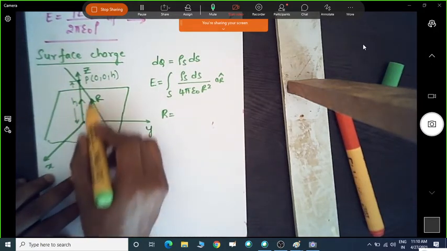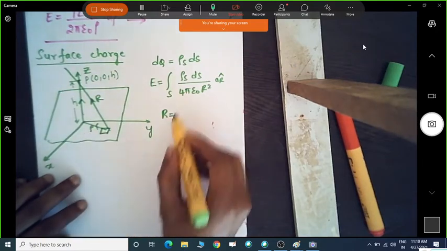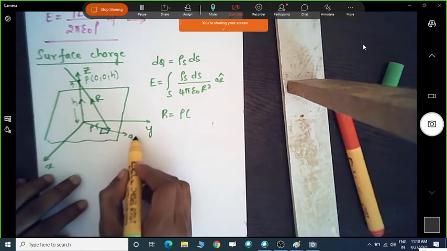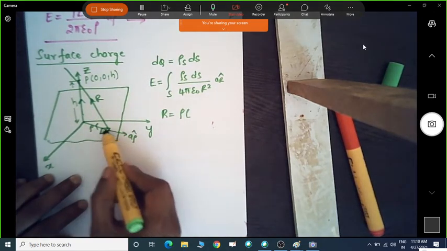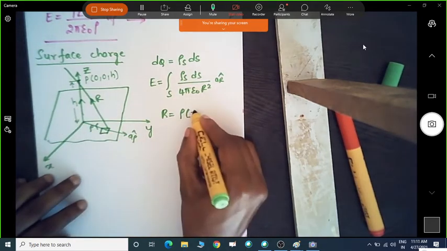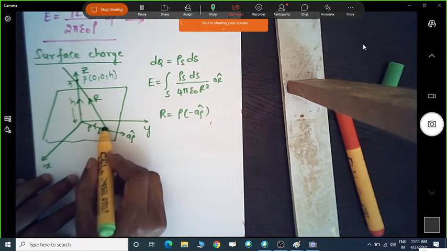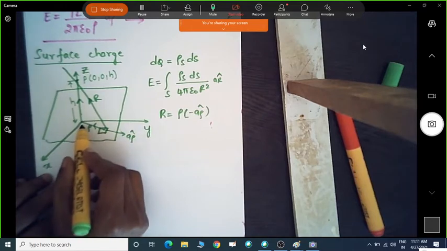Now I can write r as rho into minus a_rho, since the arrow direction is one way but we are moving in the opposite direction, that is why I am taking minus a_rho, plus h into a_z. This is the vector from the small elemental area.